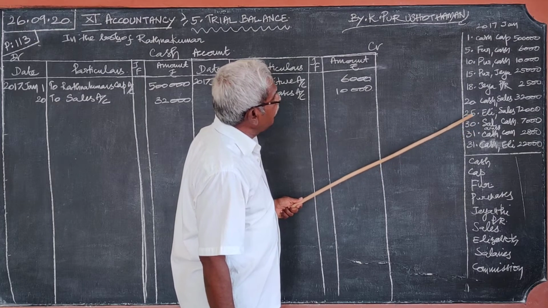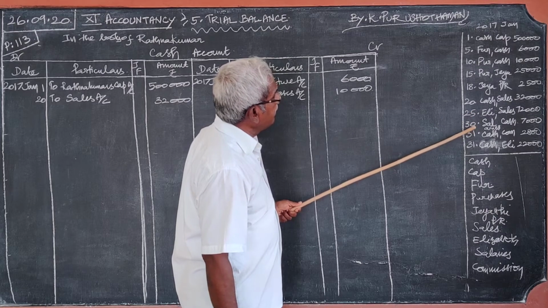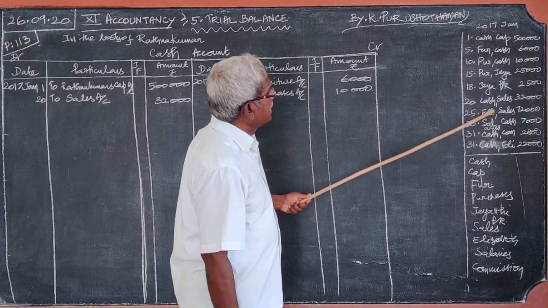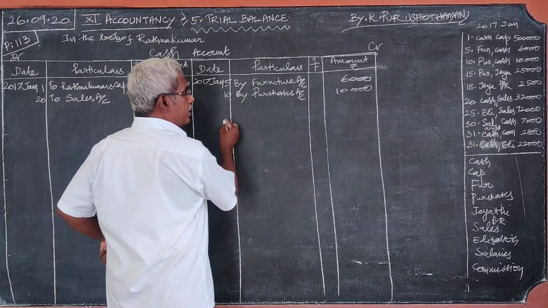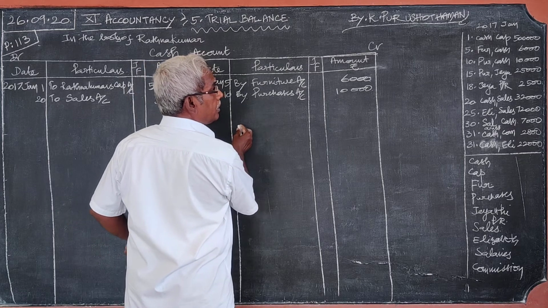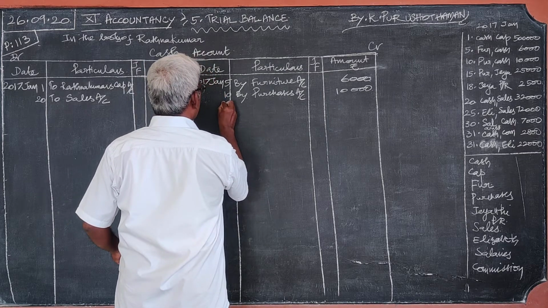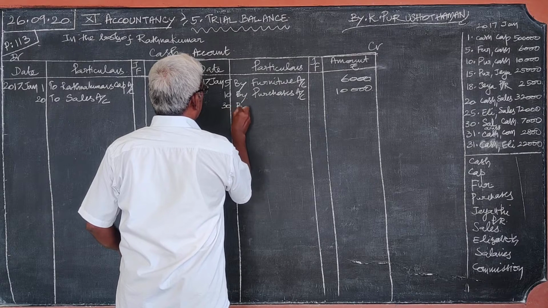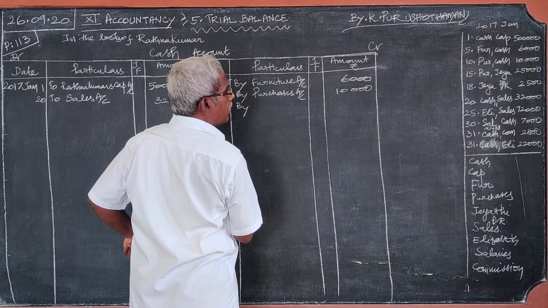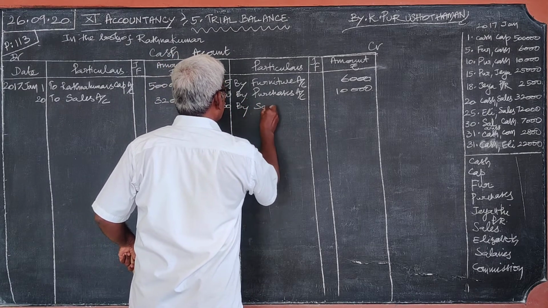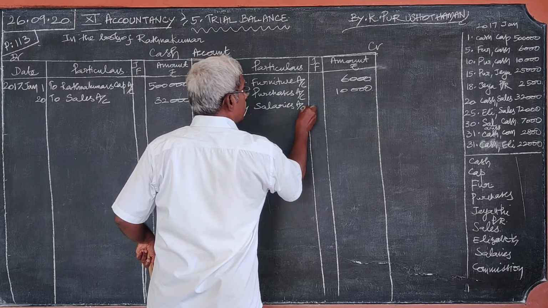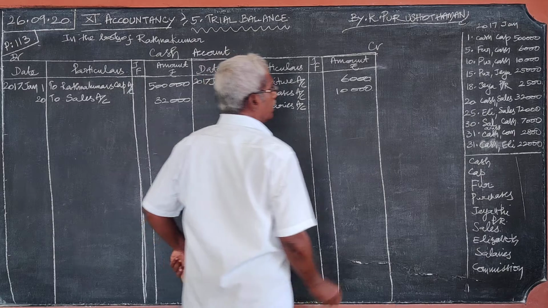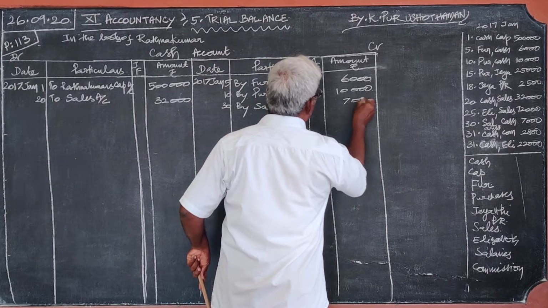Here on 25th no cash account. On 30th there is a cash account: salaries account and debtor to cash account. That is on the credit. 30th, by what is coming along with the cash? By salaries account 7,000.